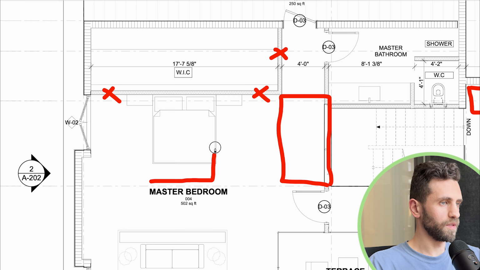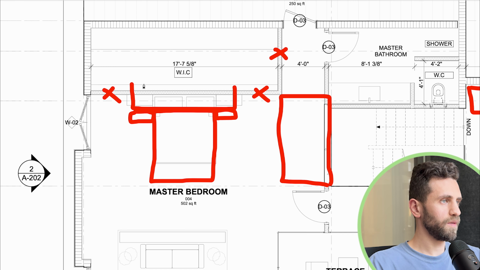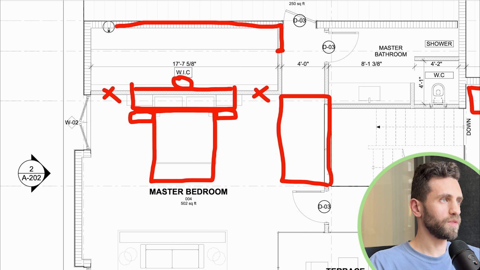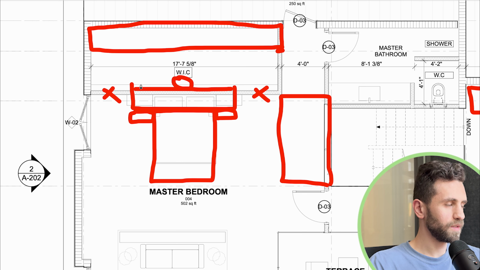So this is gonna be the bed. Here we're gonna have maybe counter here or something with a nice mirror and a chair here. So this is like a makeup table.